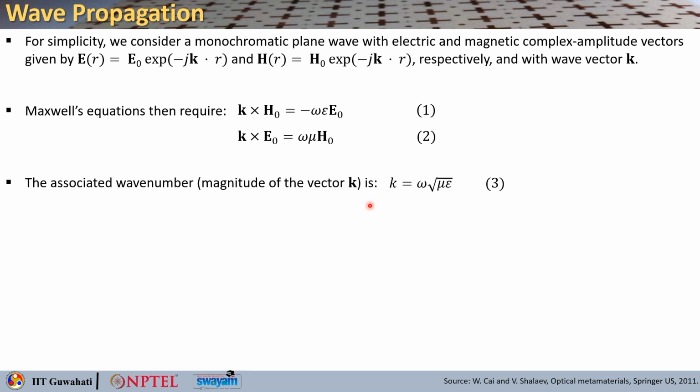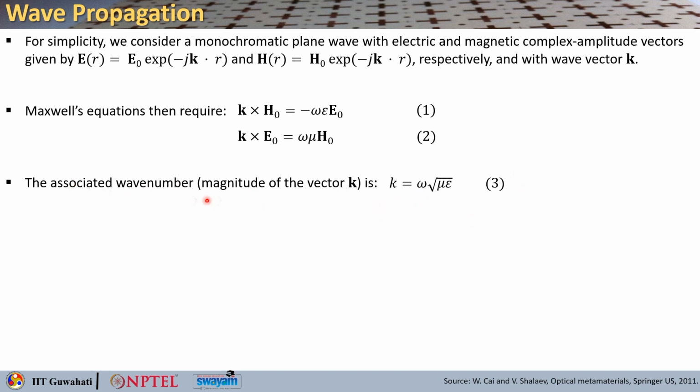Now, if you choose fixed orthogonal directions for the fields E naught and H naught, then the wave vector k is just orthogonal to the plane that is defined by those two vectors, right. And you can actually see that the actual direction will depend on the signs of epsilon and mu, which we will observe shortly.